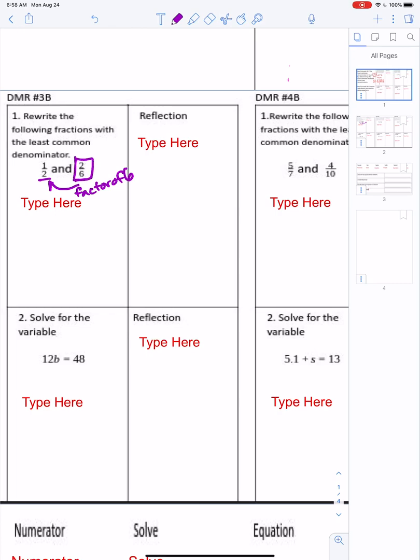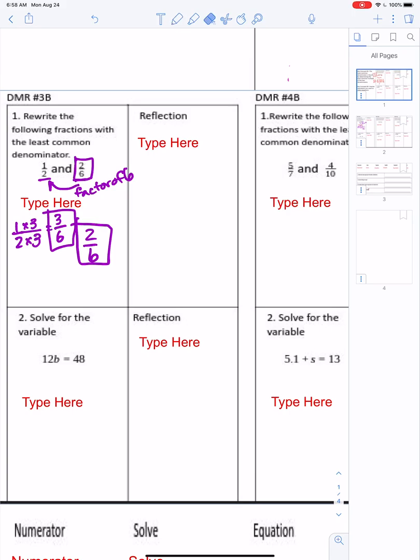It stays as it is. But 1/2, in order to turn the denominator into 6, you need to multiply both by 3. So your answers are 3/6 and 2/6.